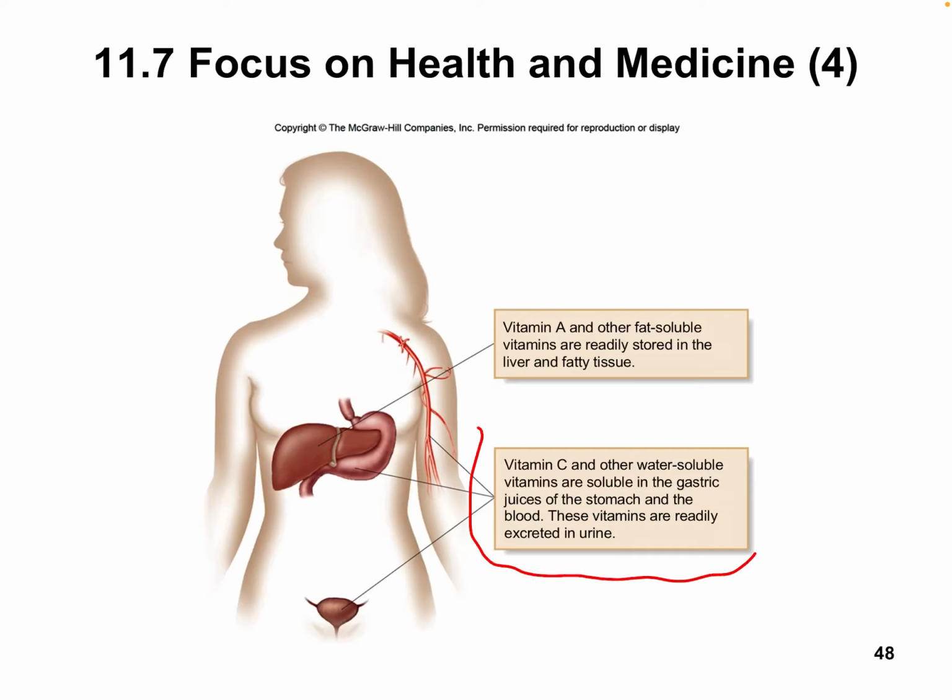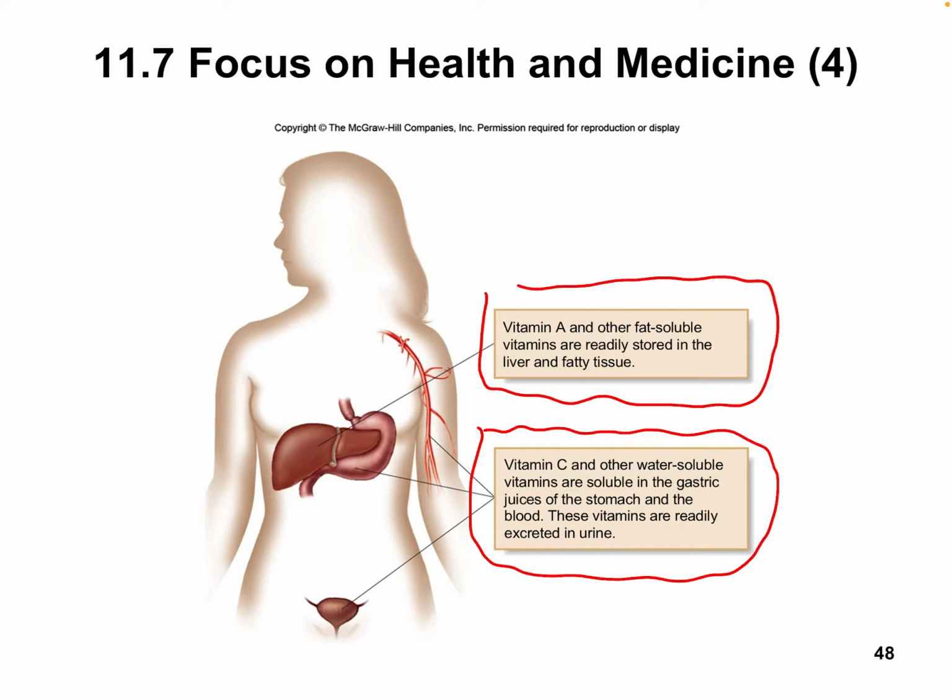It's almost impossible for us to overdose on the water-soluble vitamins because if we have too high a concentration of them, they're just processed and excreted in our urine. But if we eat too much of vitamin A or other fat-soluble vitamins, they can actually become toxic because our body doesn't get rid of them as fast. We can't pee them out very quickly because they're much more fat-soluble than they are water-soluble.